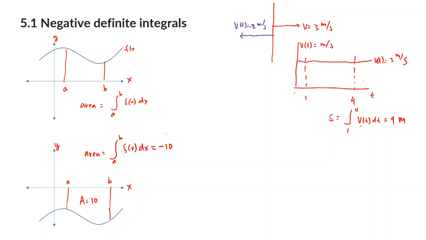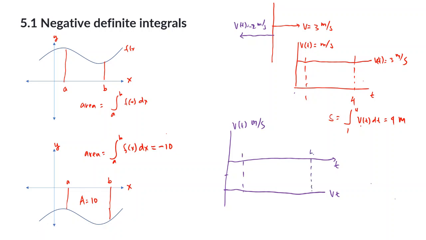If we draw this in a graph, this is v(t) in meter per second, here is the t axis, and v(t) equal to minus 2, from time 1 to 4.